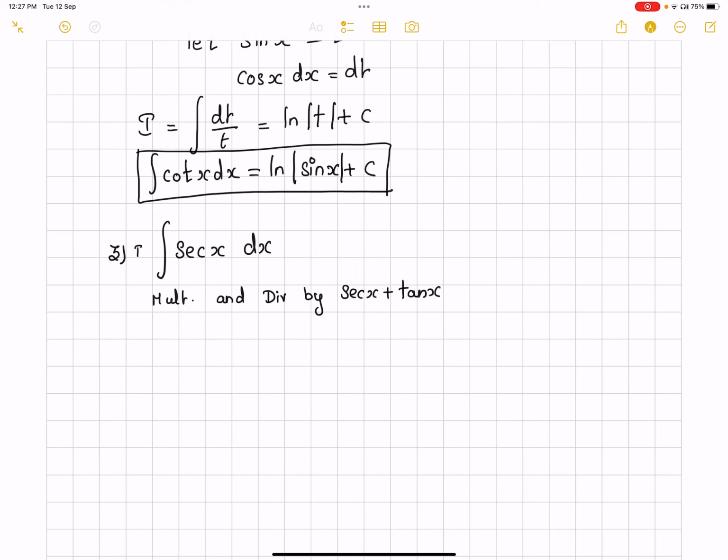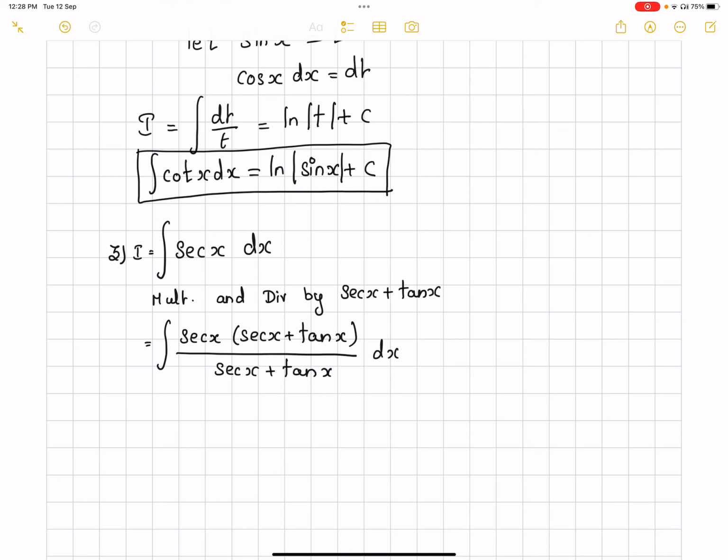So now here, the I which I'm considering gets multiplied with secant x into secant x plus tan x, divided by secant x plus tan x, dx. Now we will get secant square x and then secant x tan x, right? It solves our problem actually.